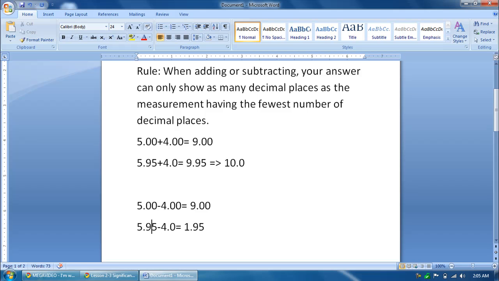You have 1 decimal place here and 2 decimal places here, so you want to look at this one. This 1 decimal place is the tenths, so you should round your final answer to the tenths, and you should get 2.0. And that's your final answer for subtraction.